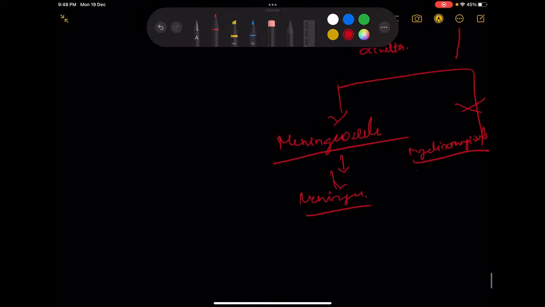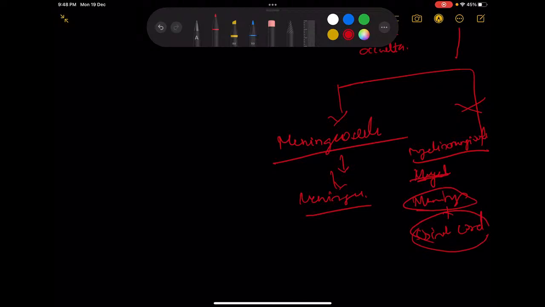In myelomeningocele you can see meninges plus spinal cord herniating out.